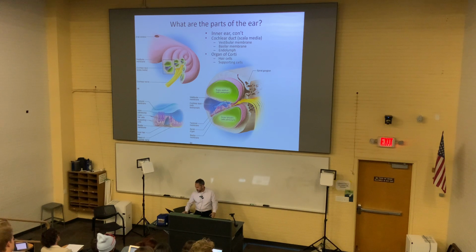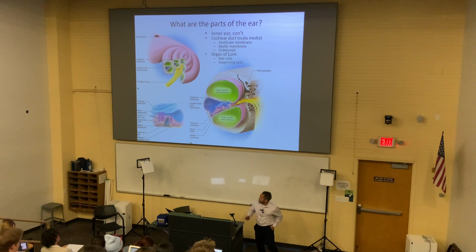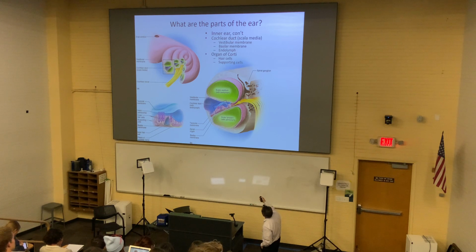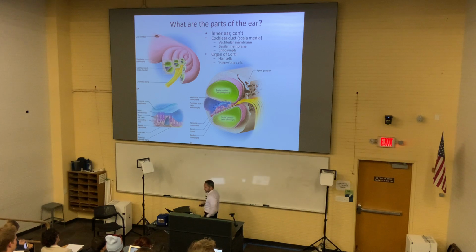Okay, so this is just filling out the rest of the information that we talked about. Hair cells and supporting cells. This organ that I referred to is called the organ of Corti. That's the hearing organ. Now, what's interesting about perilymph, the green-colored one, is that it's in the scala vestibuli and the scala tympani.